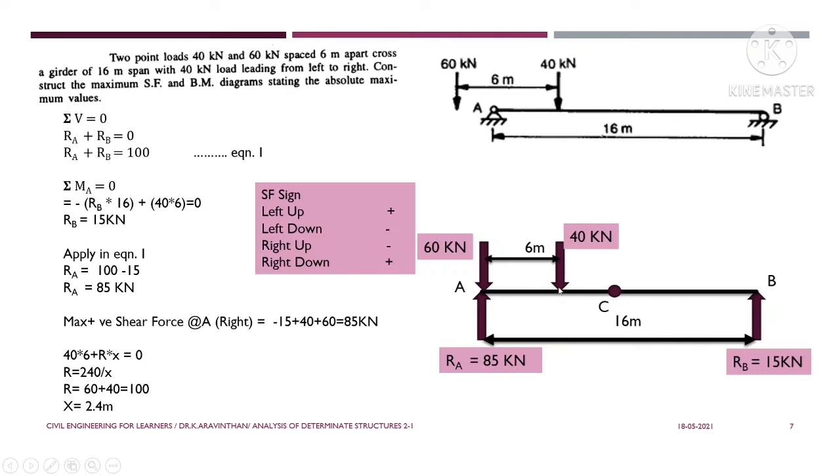So plus 40, and you have right side downward of 60. That is plus 60. So plus 40 and plus 60 here. If I add that, I will be getting 85 kilonewton. So this is the maximum positive shear force, 85. This is the absolute maximum positive shear force. Okay.